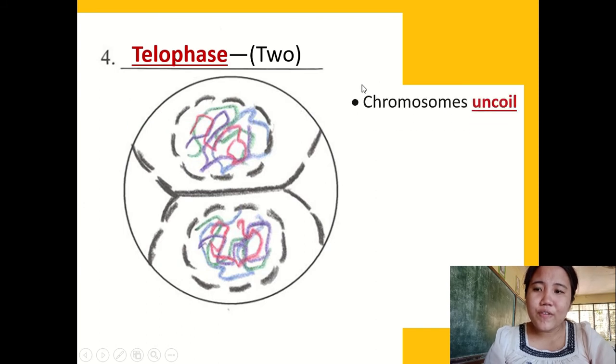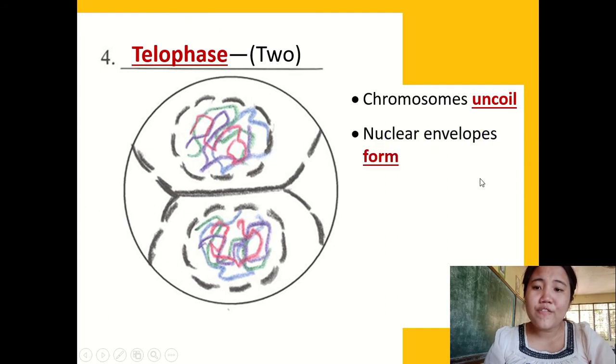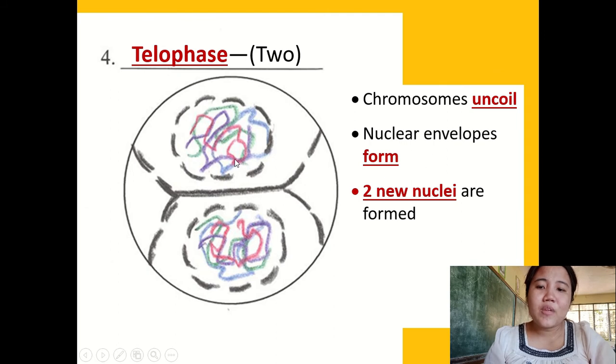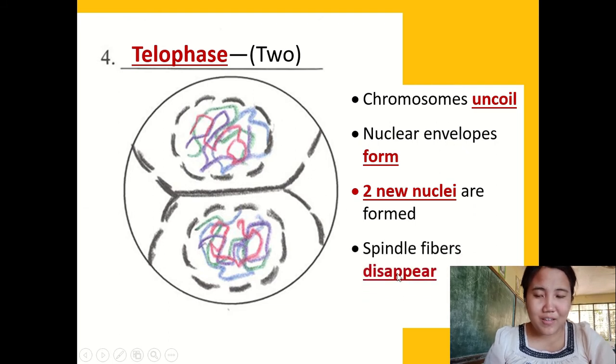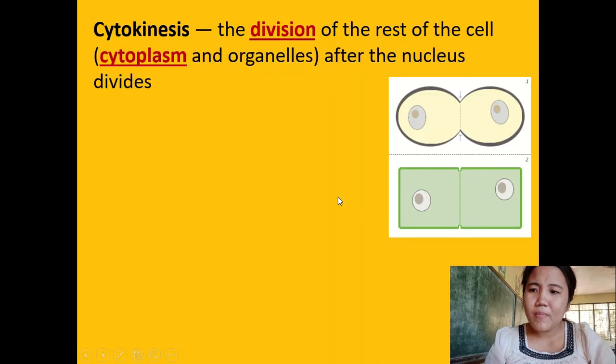Next is the telophase, which means two. So the chromosomes uncoil, the nuclear envelopes form again, and two new nuclei are formed, like this one, two nuclei, and the spindle fibers disappear. So there's no spindle fiber anymore.